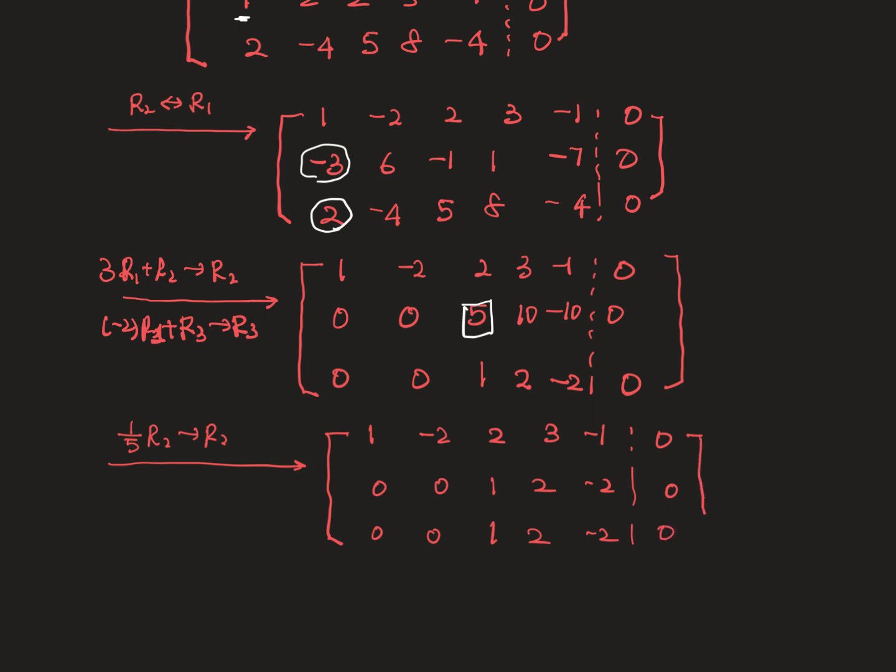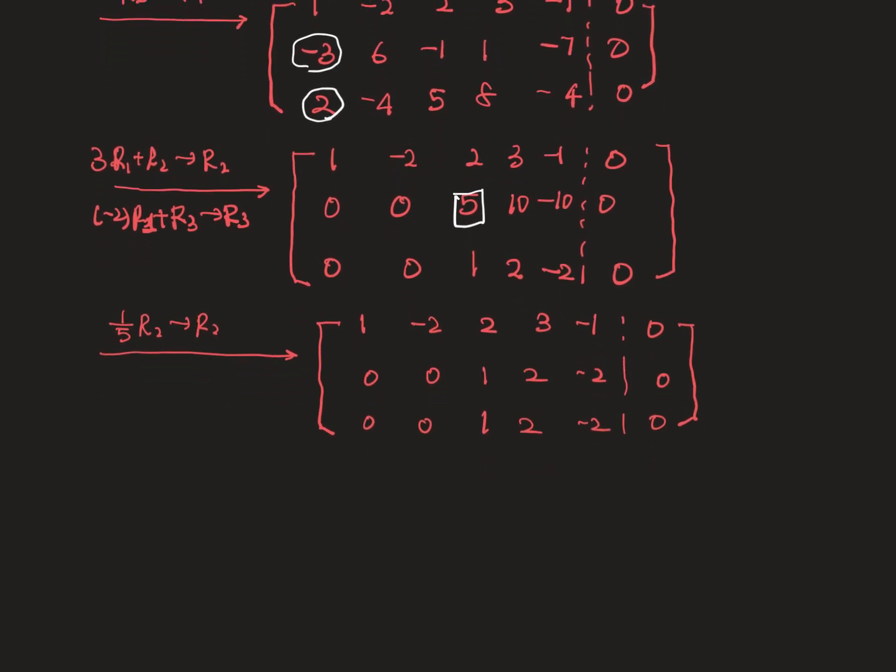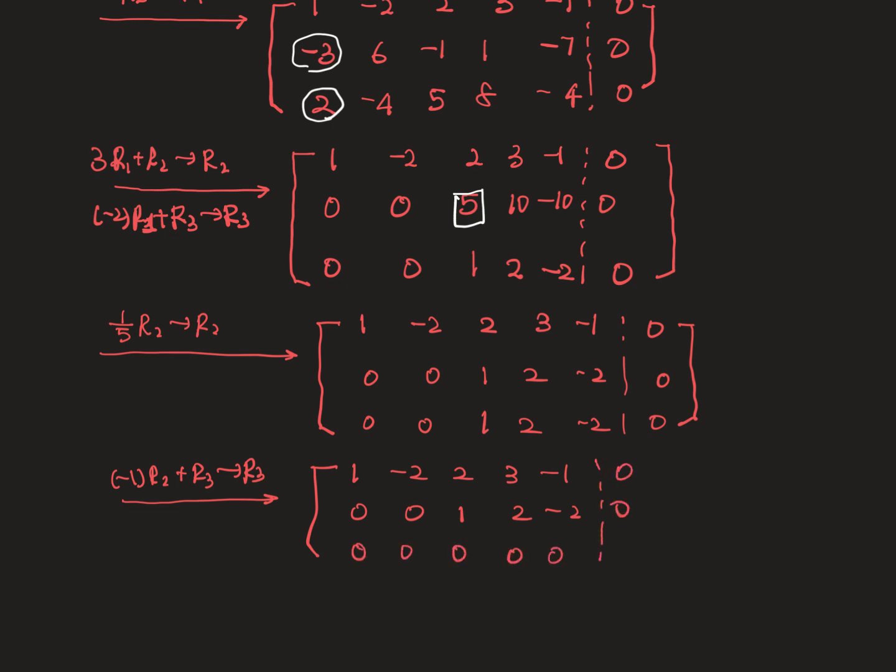I think you already noticed the second row and third row are exactly the same. So easily you can make the third row 0, right? So negative 1 R2 plus R3 goes to R3. You're going to see 1, negative 2, 2, 3, negative 1, 0, 0, 0, 1, 2, negative 2, 0, 0, 0, 0, 0, 0, 0.